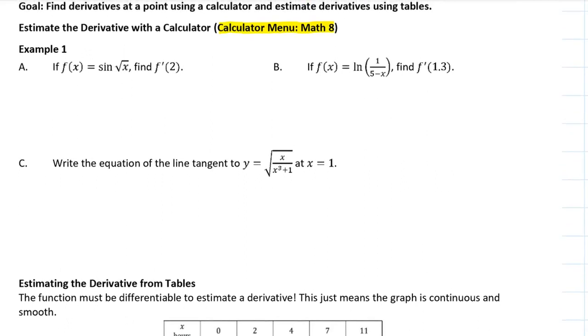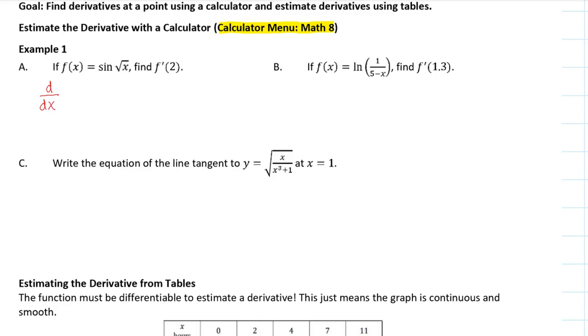All right, so we're given a function, f of x equals sine of the square root of x. We want to find f prime of 2. So we want the derivative at x equals 2. Now, in the calculator, you're going to notice some notation that's a little bit different. When we say find the derivative, we can use this notation, d dx.